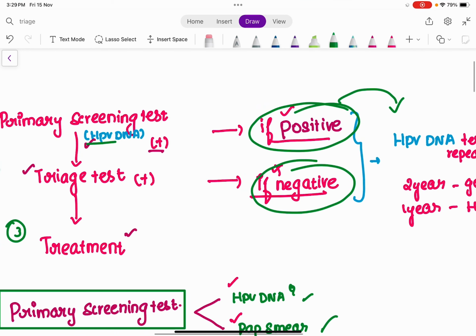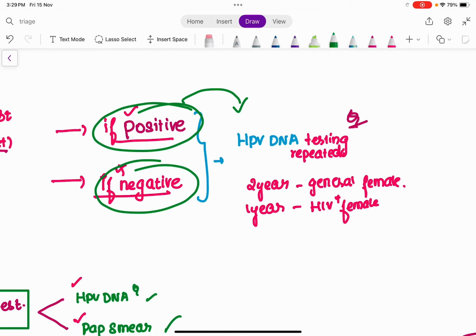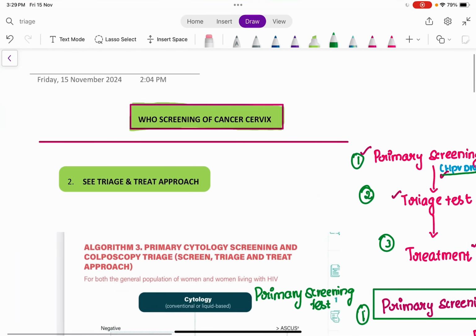The primary screening test was HPV DNA testing, which was the most preferred test, so repeat the HPV DNA test. In the general population, you repeat it after 2 years. In HIV positive patients, you repeat it after 1 year. Is that clear? If both tests are negative, you just repeat the test after a few years, according to that particular test. If one is positive and the triage is negative, you repeat the positive test, that is the HPV DNA test, after 2 years in the general population and after 1 year in HIV positive patients. Is that clear?